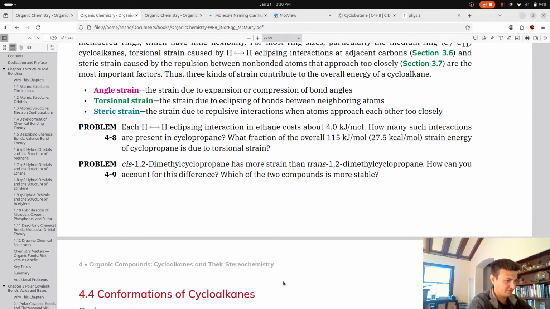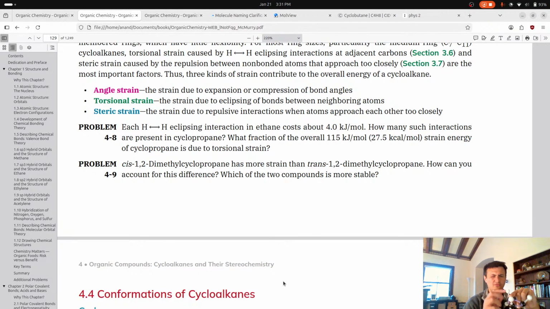Let's see if I can do this. Okay, so this is cyclopropane, and it has to be eclipsed, it looks like.